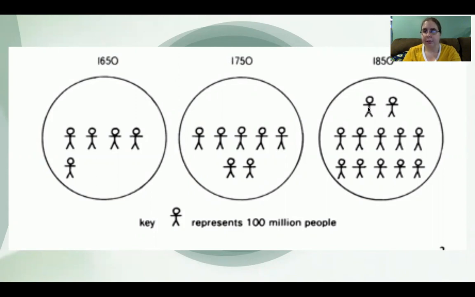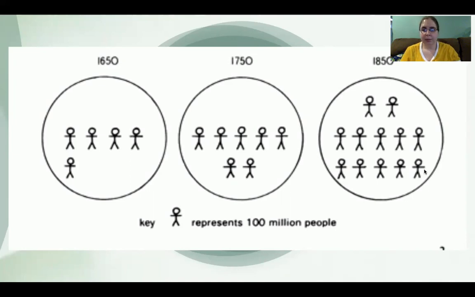In 1850, there's 1, 2, 3, 4, 5, 6, 7, 8, 9, 10, 11, 12, 1,200 million people, 1.2 billion.